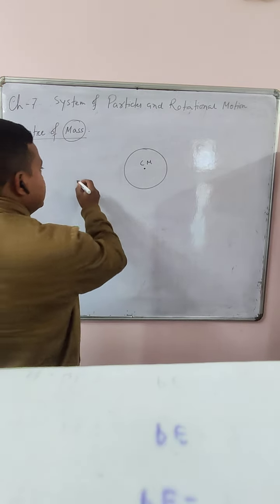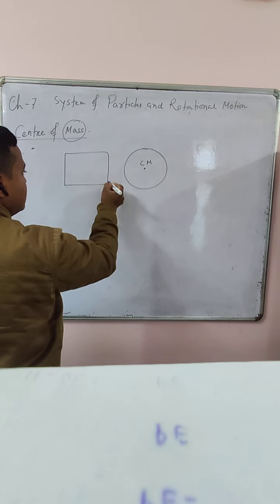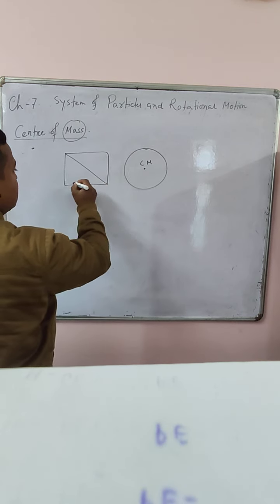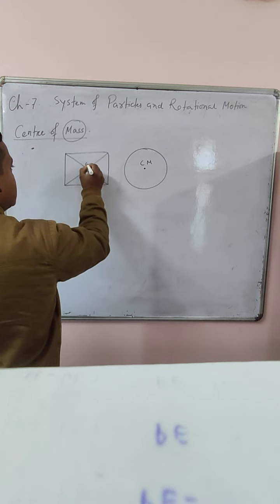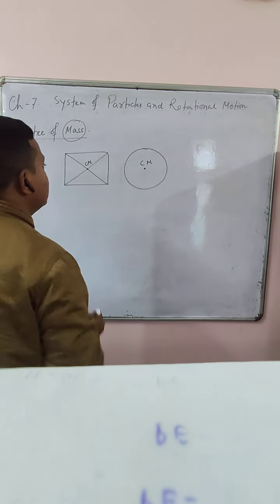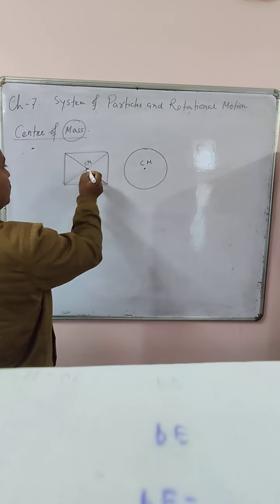If we consider a square or rectangle, then the intersection of the diagonals is the position of the center of mass. Here the entire mass of the square is supposed to concentrate.